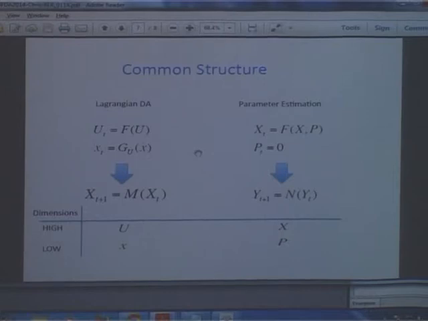But there's a flip in terms of what is being estimated and what is being observed. The basic split between high and low dimensions is similar in the two problems, and that's the commonality between the two problems. Pass to you guys, and then you can give your talks.